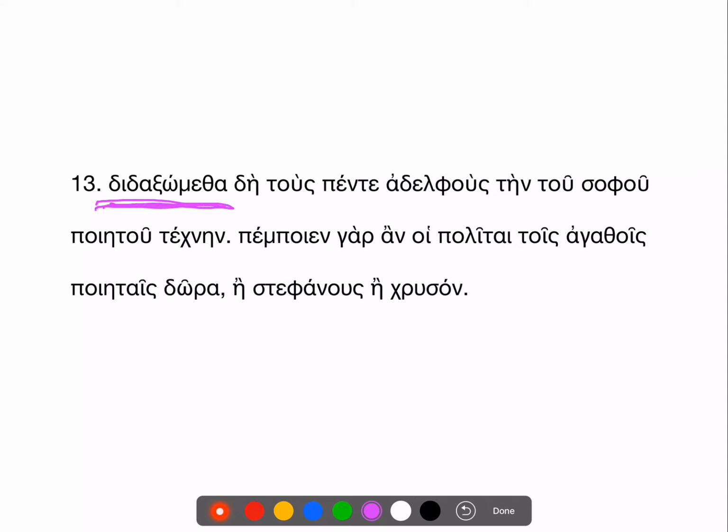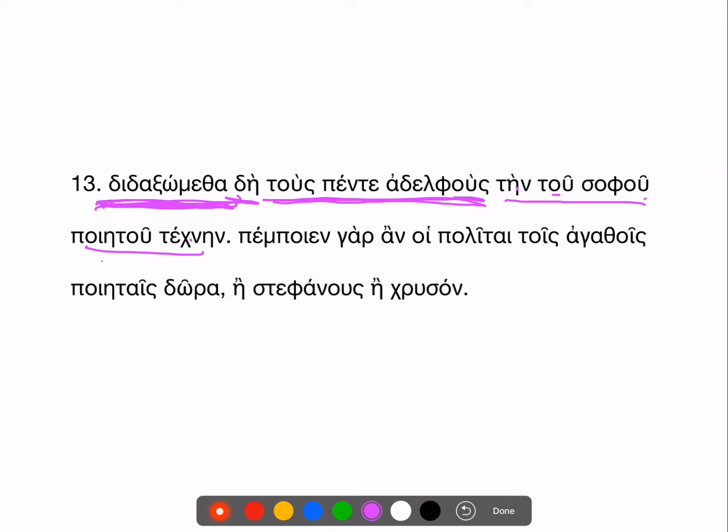Why is it subjunctive? I think it's got to be a hortatory subjunctive because it's first person plural. So indeed, let's teach the 5 brothers. And what should we teach them? The skill of the wise poet. Indeed, let's teach the 5 brothers the skill of the wise poet.